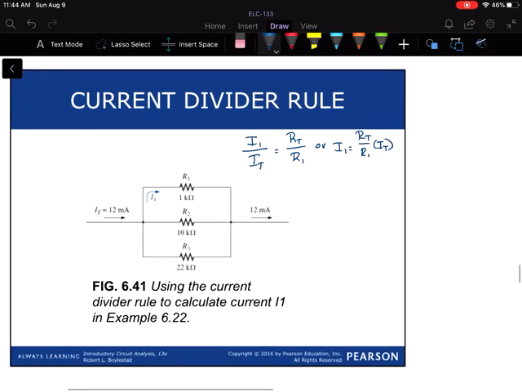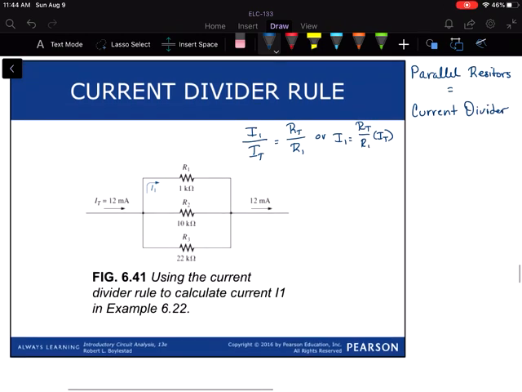So what you need to know is that parallel resistors are what we call a current divider. They divide the current, just like series resistors divide the voltage.